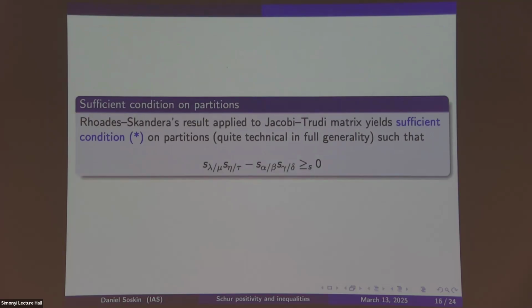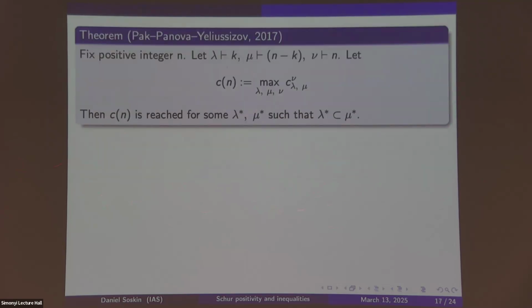So we can apply this Skandera-Rhodes theorem to the Jacobi-Trudi matrix. We have this sufficient condition, then we have the inequality. And we can strengthen a theorem proved by Igor Pak, Greta Panova, and Damir Yeliussizov. They fixed some integer n, and they considered the maximum of all Littlewood-Richardson coefficients such that the sizes of mu and nu sum up to n.